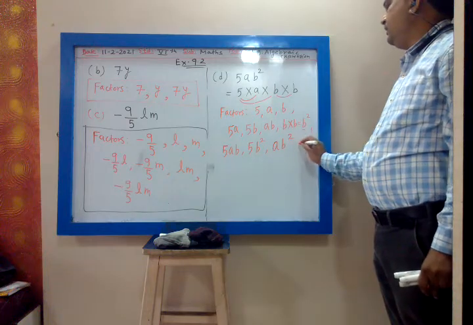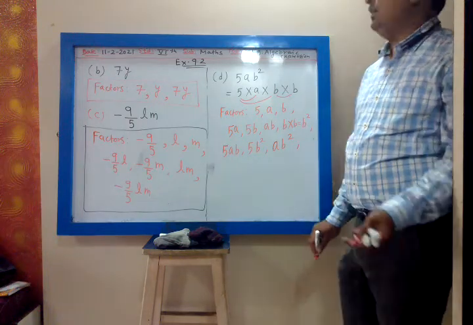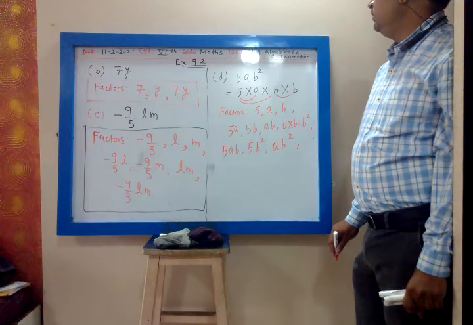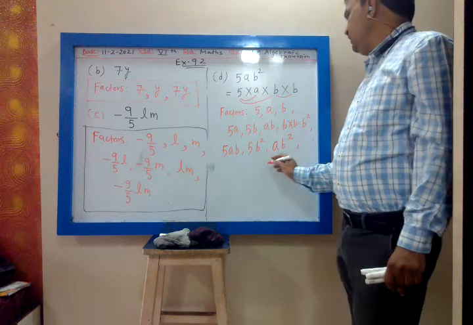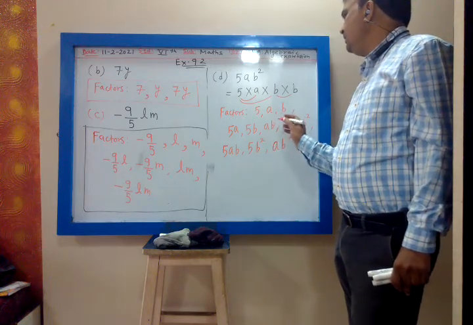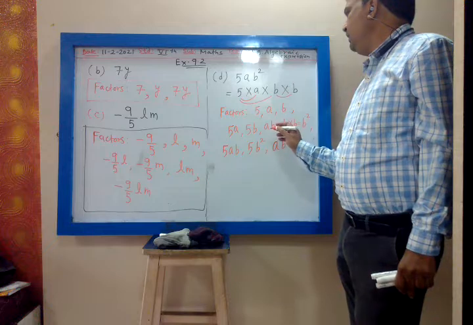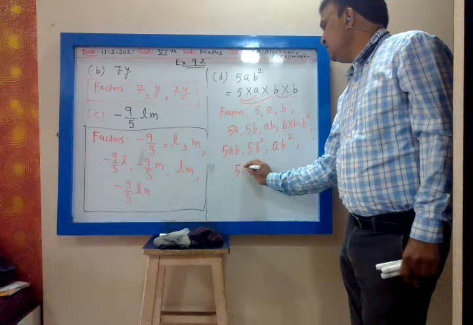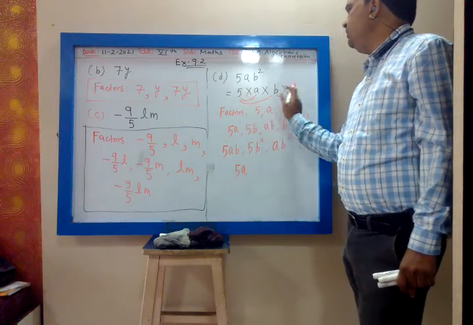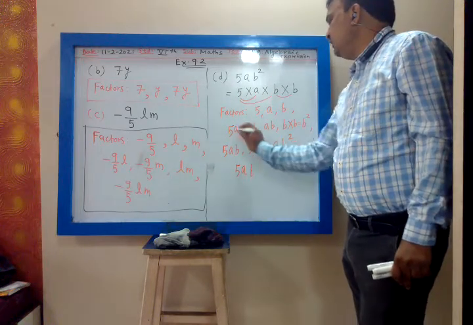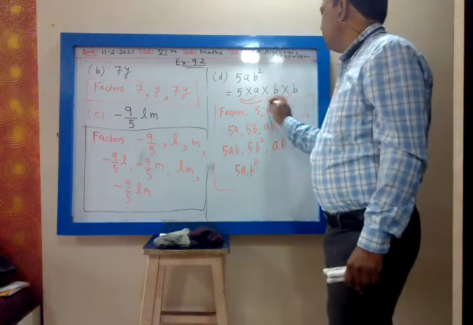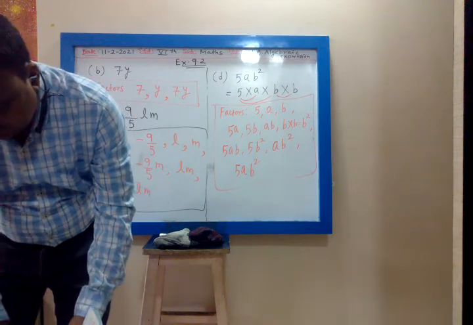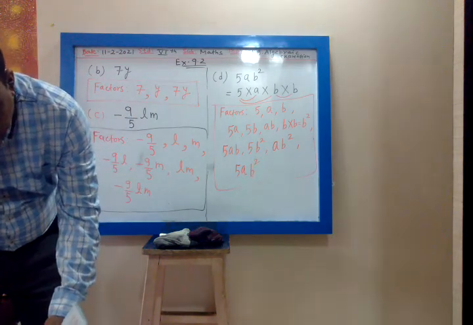ABB, that is ab square. Now ab square is there, then bab, that is same as ab square, then 5ab square last. Factor with 4 terms: 5abb, that is 5ab square. Write down this answer. Clear? Factor with 4 terms.